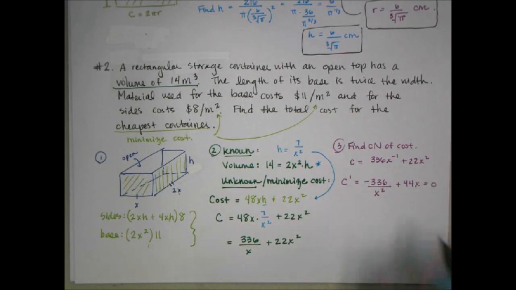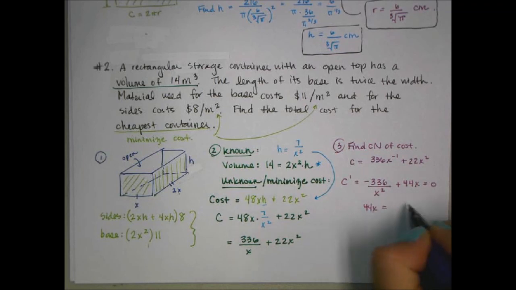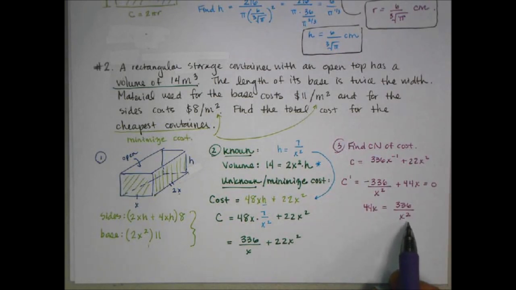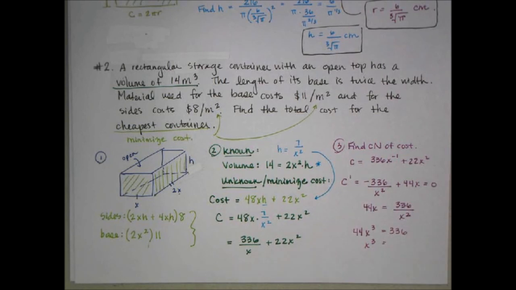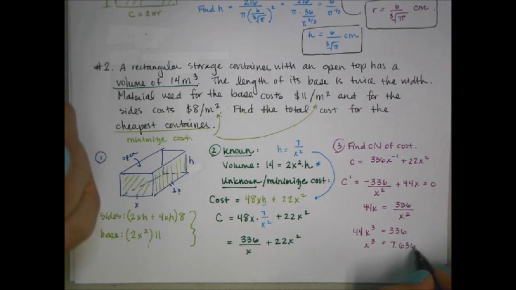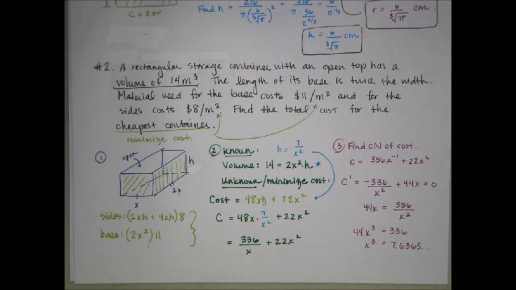So solving here, I'll add the 336 over x squared to the right, multiply x squared back over to the left, I get x cubed is equal to, not a very nice number, and then the cube root of this number is going to give us 1.969. All right, so this is the value that will minimize the cost.